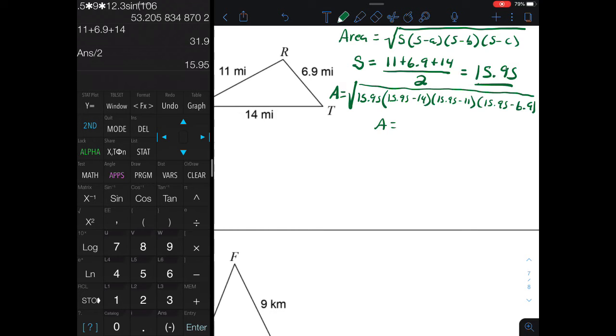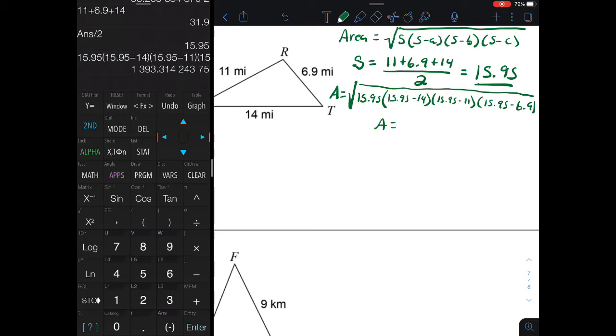All right, so let's see, I'm going to do what's underneath the radical first. So 15.95 times 15.95 minus 14 times 15.95 minus 11 times 15.95 minus 6.9. All right, and then I want to take the square root of that.